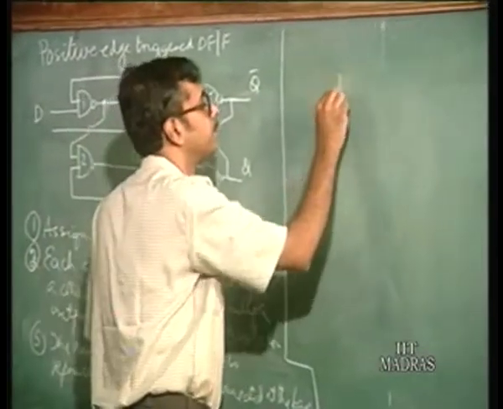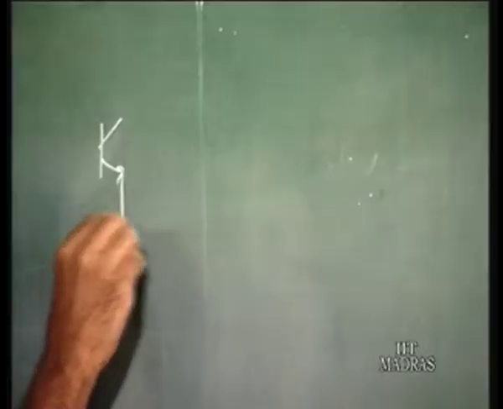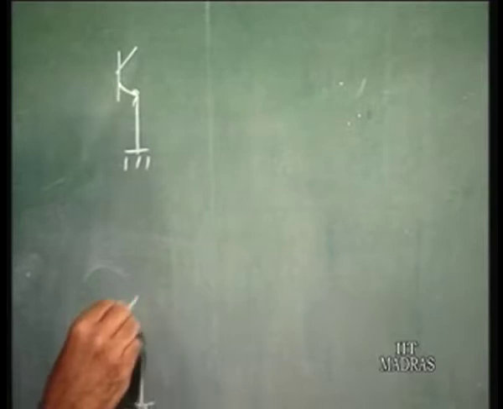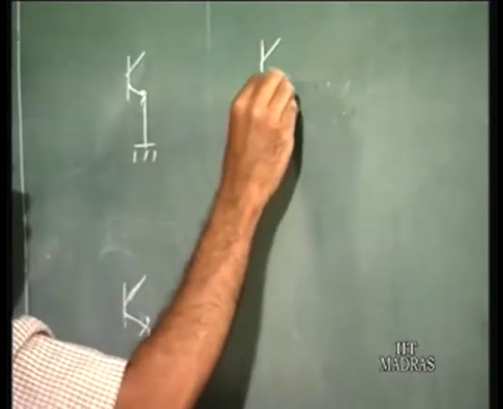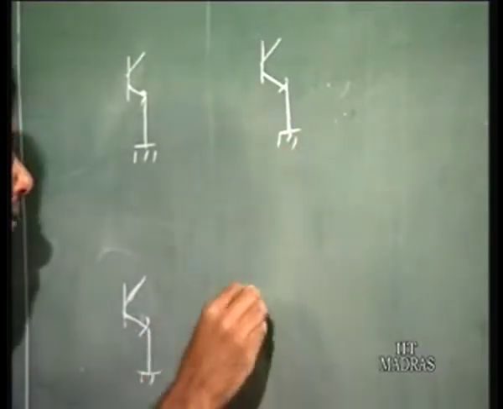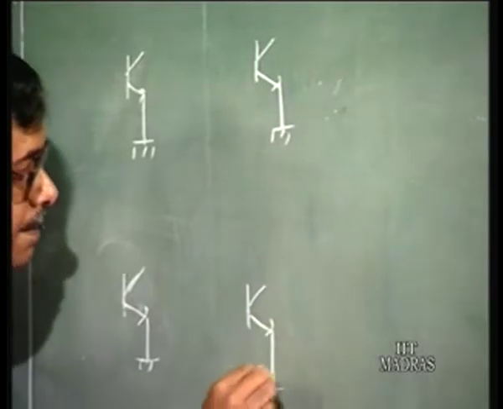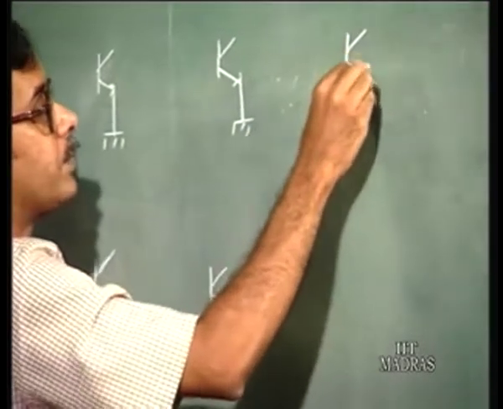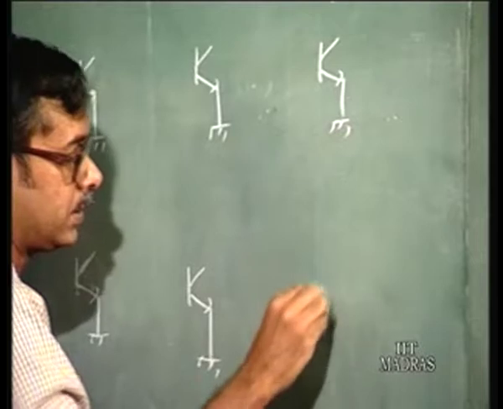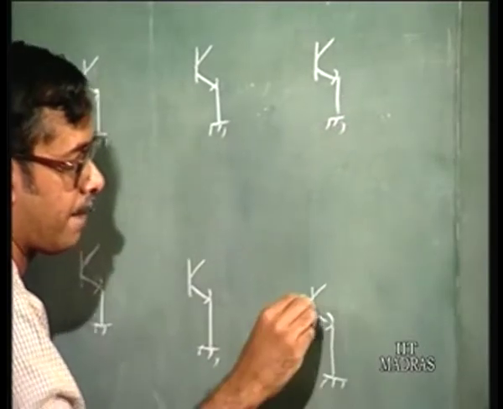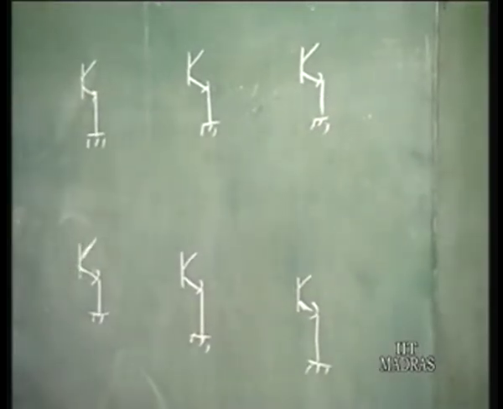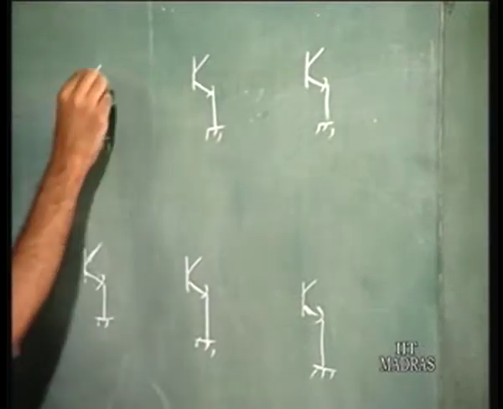So again, I'll just draw the transistors first. You have 6 gates and you have 6 transistors.